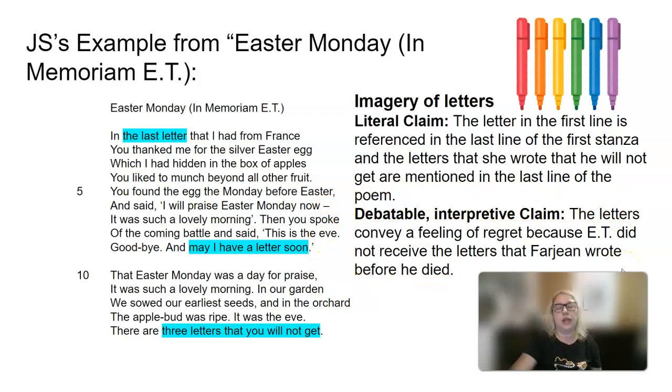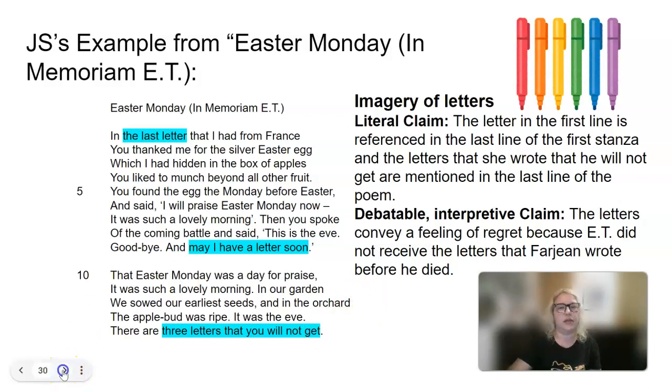Somebody could debate us, you know, and say, well, that's not the feeling that was created because... So this is where you're kind of taking a stab at meaning. And you're, of course, using the text to get you there, but you're going beyond the literal to get to the larger effects, the evaluation, and interpretation.